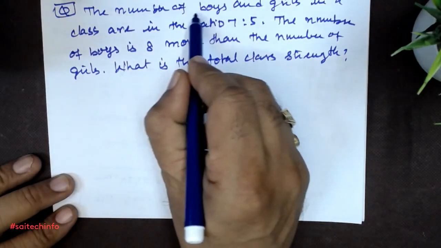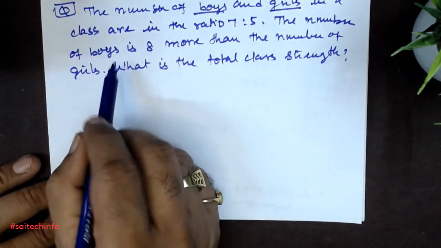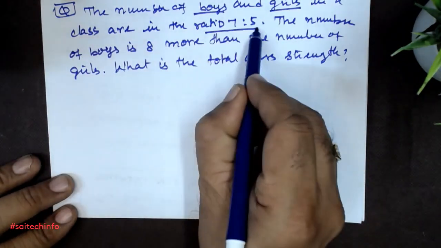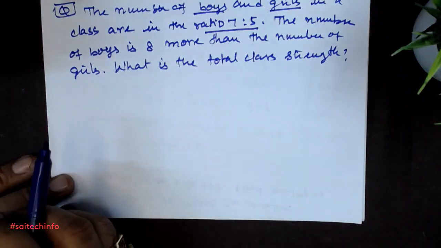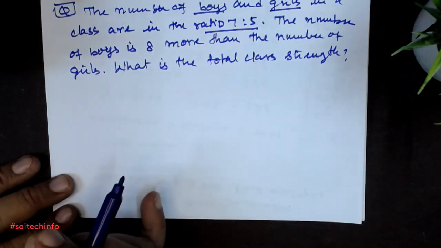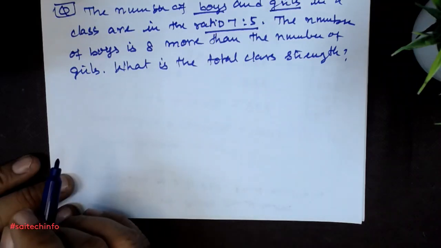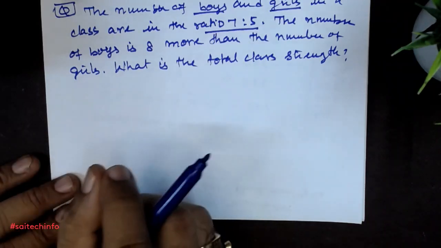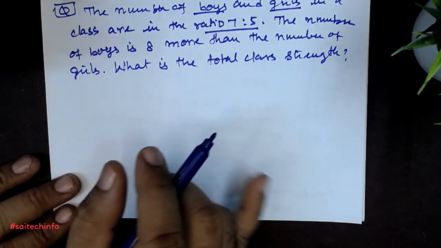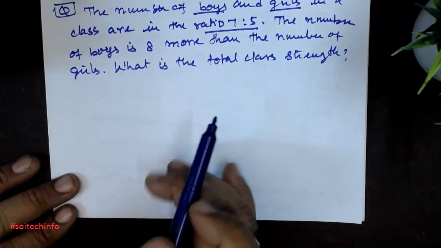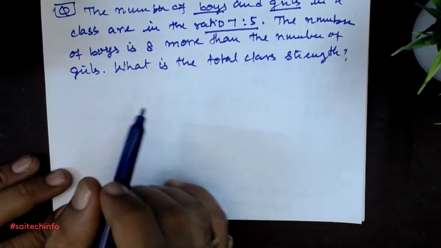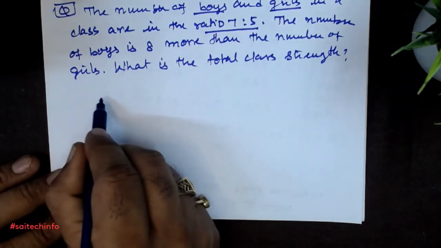The number of boys and girls are in the ratio 7:5. That is the ratio. So if we put the ratio as x, it means 7 times x and 5 times x, which is the girls' number. Take down.